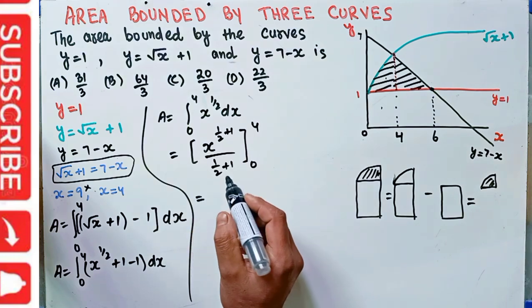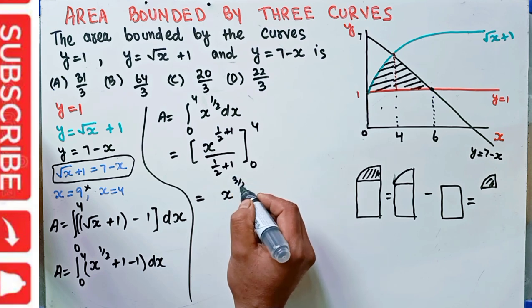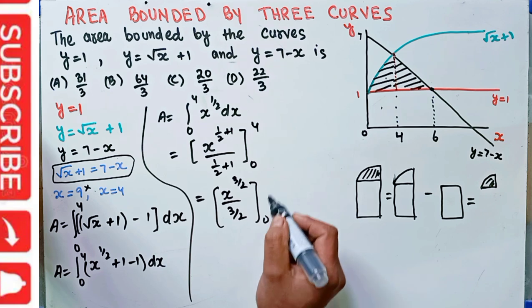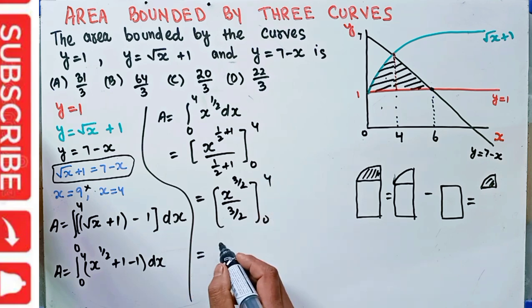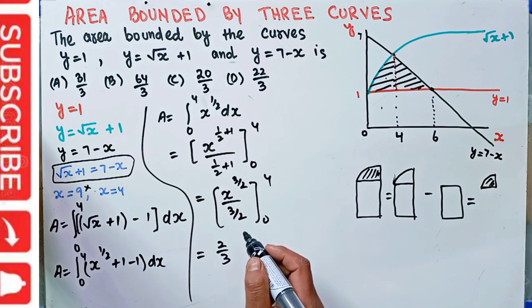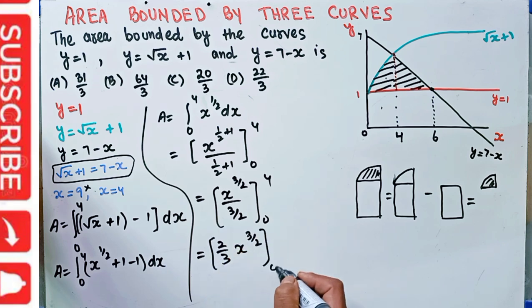So it will become x raised to the power 3 upon 2 divided by 3 upon 2, from 0 to 4. We can rewrite it as 2 upon 3 x raised to the power 3 upon 2 from 0 to 4.